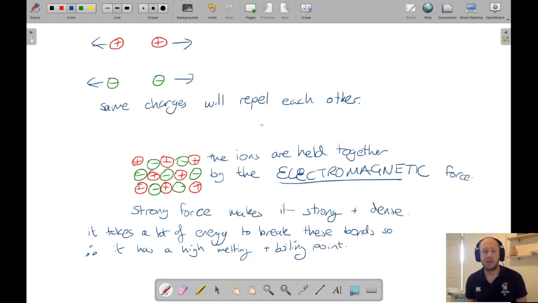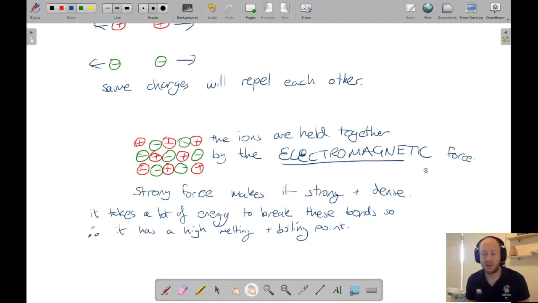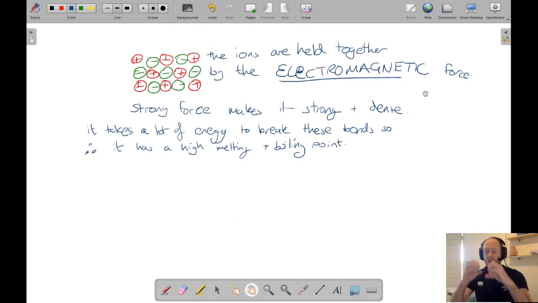So you can kind of imagine, if I'm going to melt this, all those particles that are really close together are going to start coming away from each other, breaking apart, and start being able to flow around each other if they were to become a liquid. And because this electrostatic force is so strong, you require a huge amount of energy to break that bond between them and allow that to happen. So they have very, very high melting and boiling points.